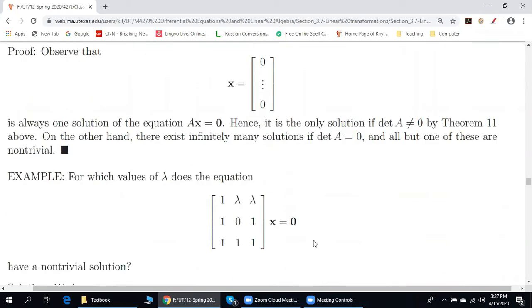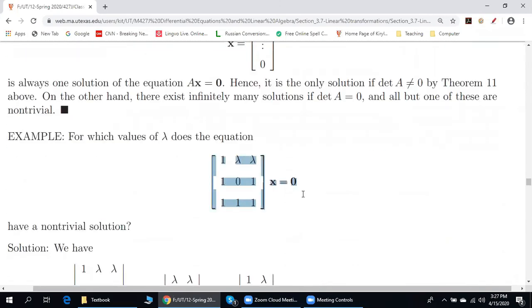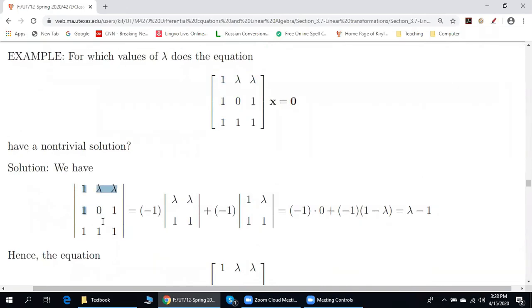And here is an example. We have a homogeneous system. Question: for which values of lambda does this system have a non-trivial solution? We know that a homogeneous system has a non-trivial solution if and only if the determinant is equal to 0. So we find the determinant of this matrix expanding by row number 2.